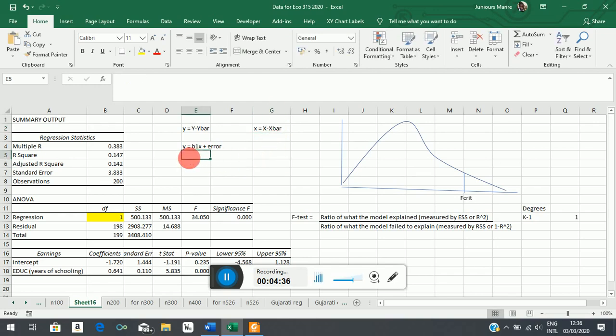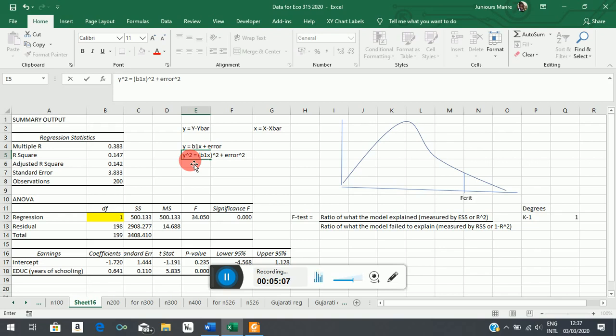So if we were to square both sides, we end up having y squared equal to beta 1 x squared plus error squared, plus the cross product of beta 1 x and the error.